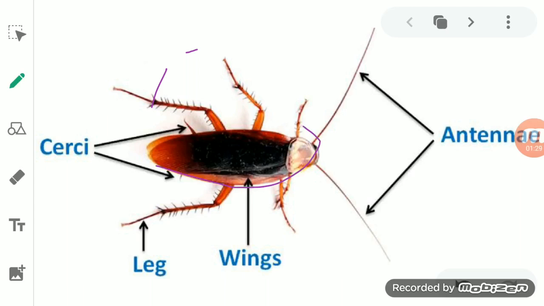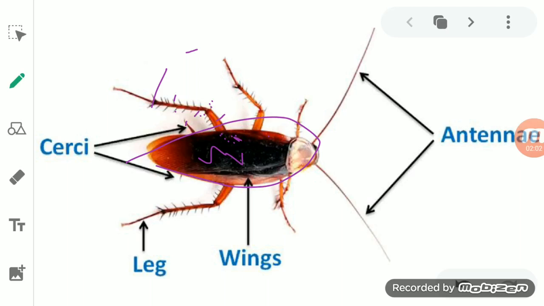So this is the exoskeleton, students, and inside the exoskeleton, the muscles of the legs are present, due to which the cockroach is able to move. This outer skeleton is known as the exoskeleton, and inside it the leg muscles are present, which are responsible for the movement of the cockroach.